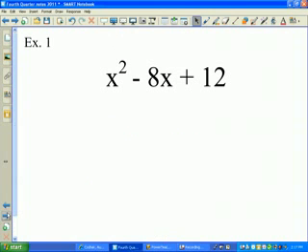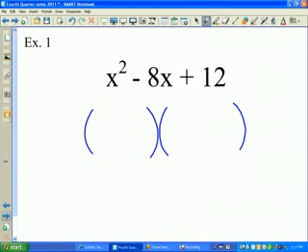We have x squared minus 8x plus 12. Right here, my greatest common factor for this expression is 1. My leading coefficient is 1. So when I have that situation, I automatically go to 2 parentheses. Because like we saw in the beginning, if I started out with 2 binomials multiplied together, distribution will give me a trinomial.